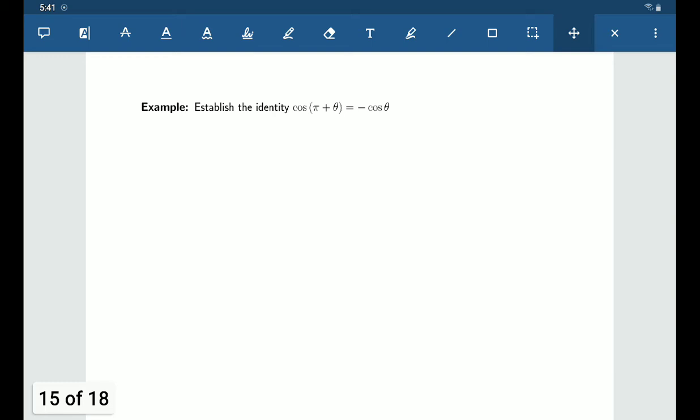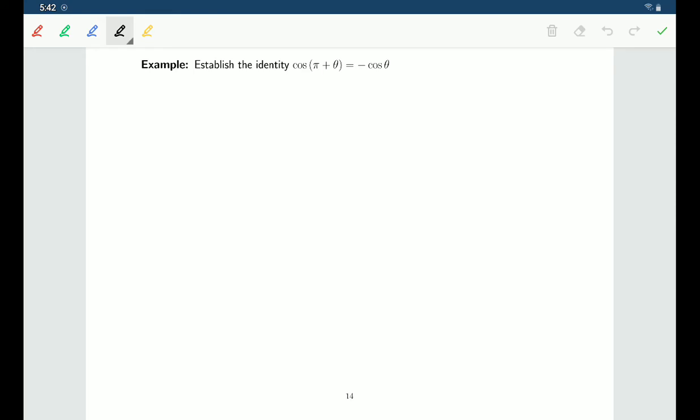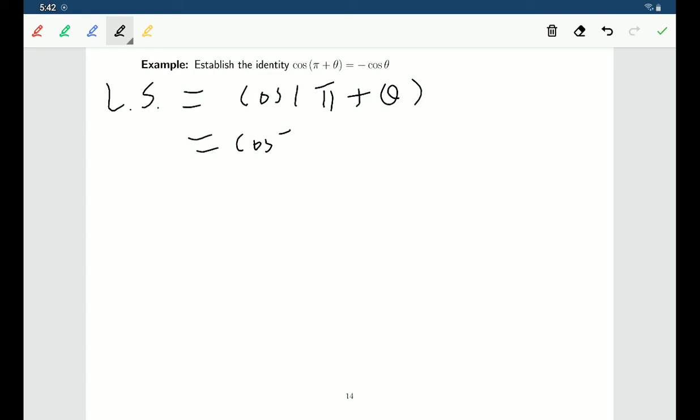All right. Now, some establishing of identities. This is the same sort of thing we did in the last section. We have the identity cosine of pi plus theta is equal to negative cosine of theta. And remember, when we're establishing an identity, we start with one side and show that we can transform it into the other side. I'm starting with cosine of pi plus theta, because I know I can apply the sum identity for cosine. Cosine of pi, cosine of theta, minus sine of pi, sine of theta.